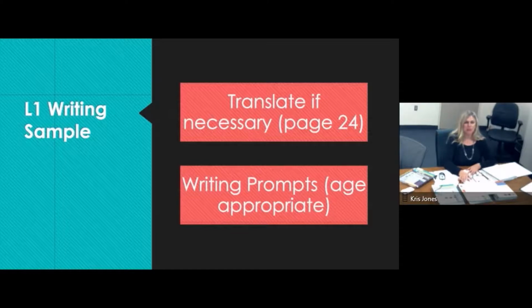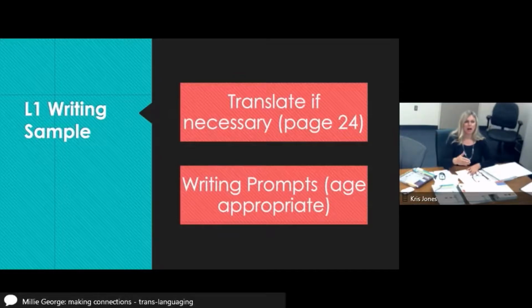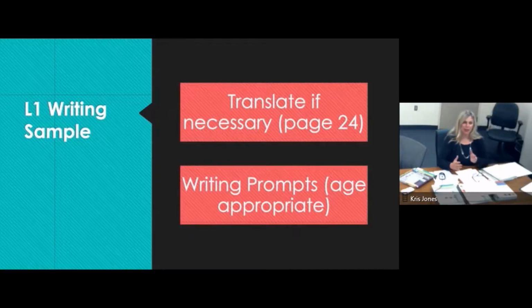that picture. So I think it's very important to not forget and discount and ignore the child's first language during this assessment because we're not going to get the full picture of the child otherwise. So it is an English assessment, but it is overall language assessment of our student.